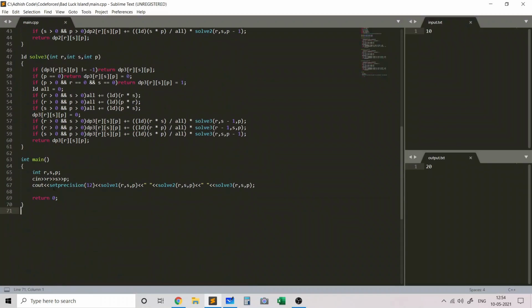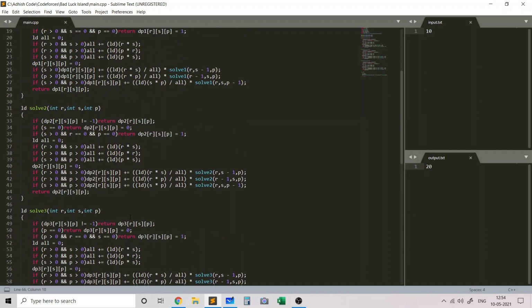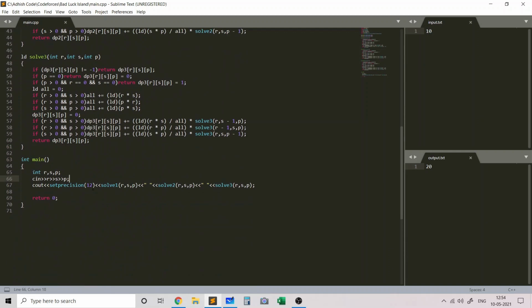So in the code, first I take in the input R, S and P through cin. Then I compute solve 1 of RSP, solve 2 of RSP and solve 3 of RSP. These are the 3 recursive functions to compute the 3 DP tables.